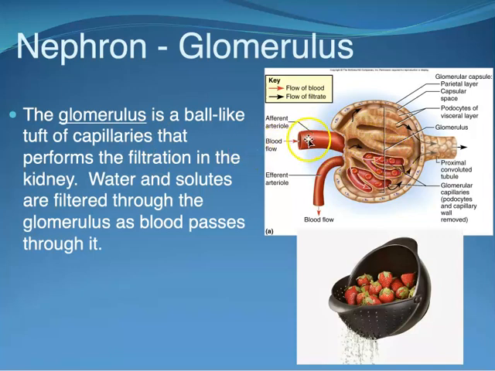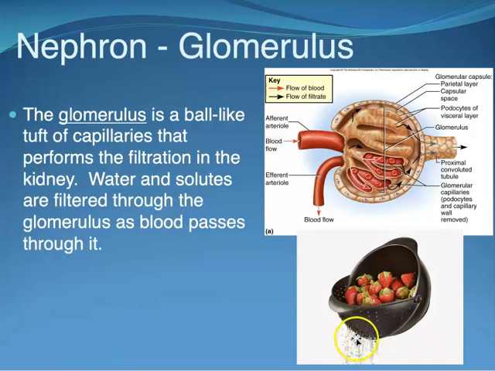So as blood is flowing through the afferent arteriole, some of the fluid and certain material will filter out of it and is caught by this Bowman's capsule. So I think of it, and I like this colander that I found, and I wish I could actually find that colander because it looks very nifty. But basically, anything that's large, like your red blood cells, does not get filtered out of the glomerulus, out of the capillary bed. They stay there. So that's our little strawberries.